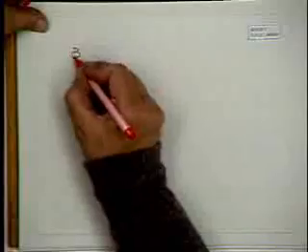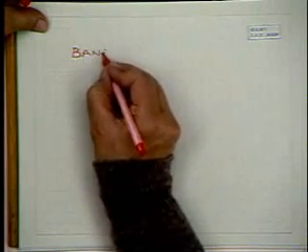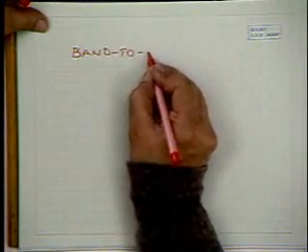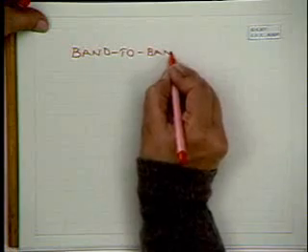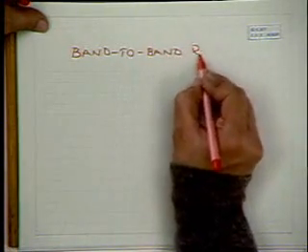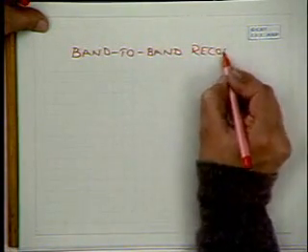Now, let us come to a little analysis of the process of recombination using a band-to-band process.